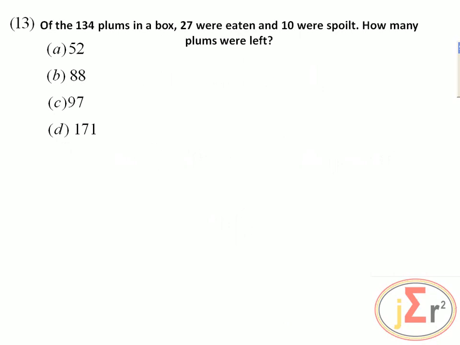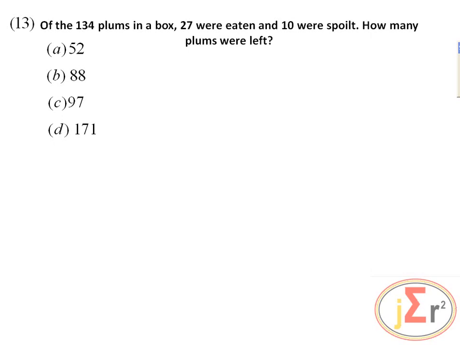Of the 134 plums in a box, 27 were eaten and 10 were spoiled. How many plums were left? Now, you have to consider that if you have 134 plums and you eat 27 of them, then the number of plums will decrease.